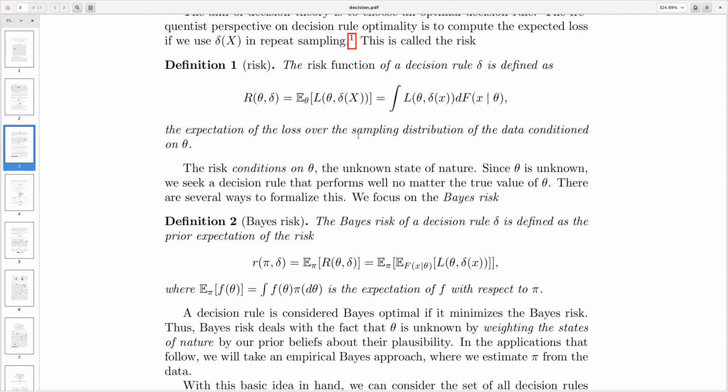The risk conditions on theta, the unknown state of nature. Since theta is unknown, we seek a decision rule that performs well no matter the true value of theta.